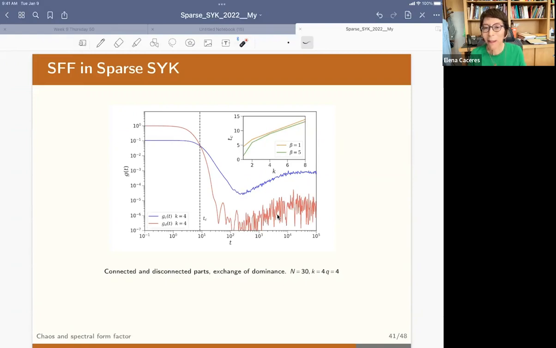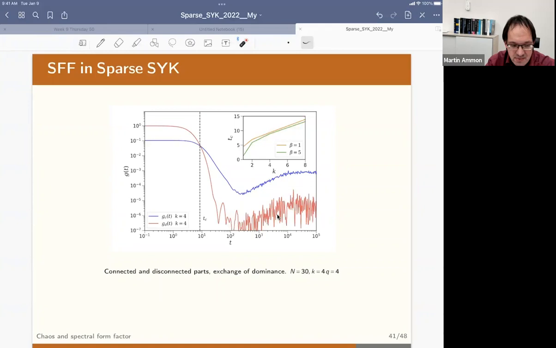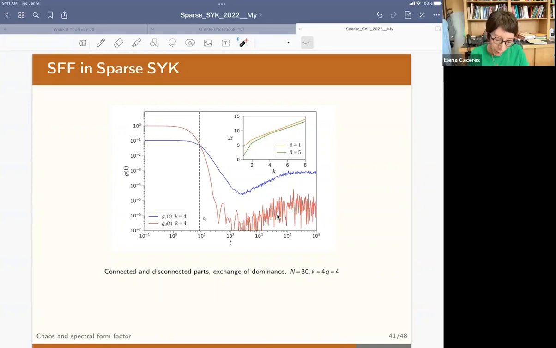No, we have not done it. I think it would be really hard. We did wonder whether this is going to continue growing linearly or flatten out. We do not know. It's something we could look into, but we just wanted to see this exchange of dominance.